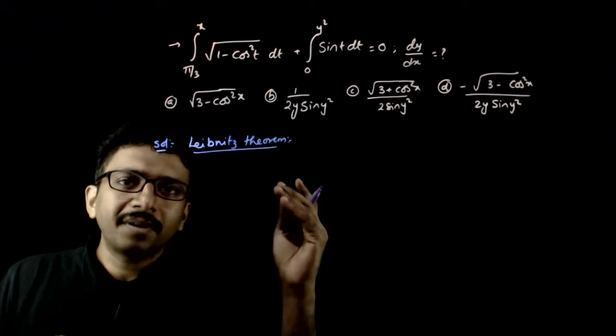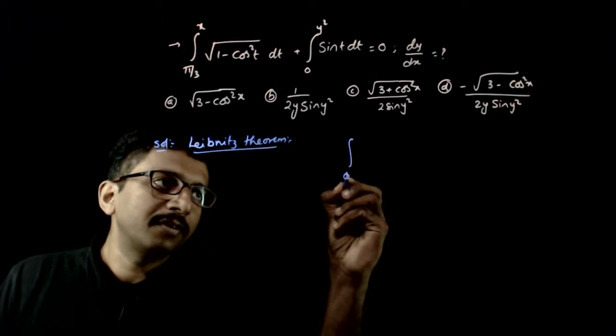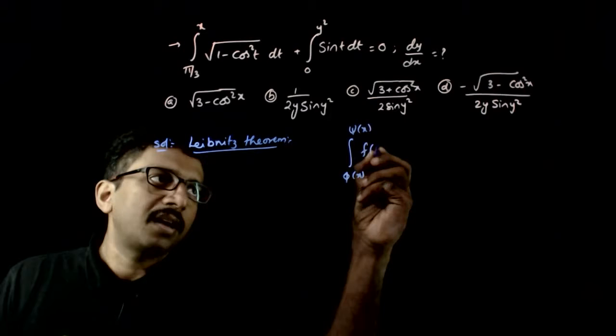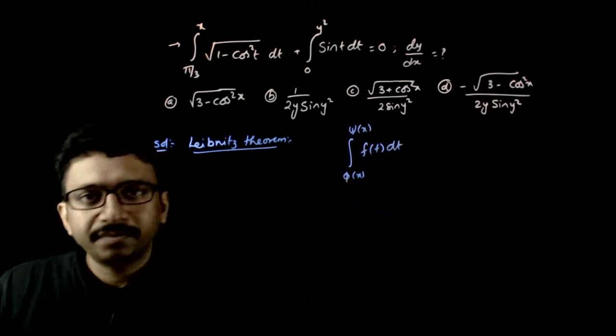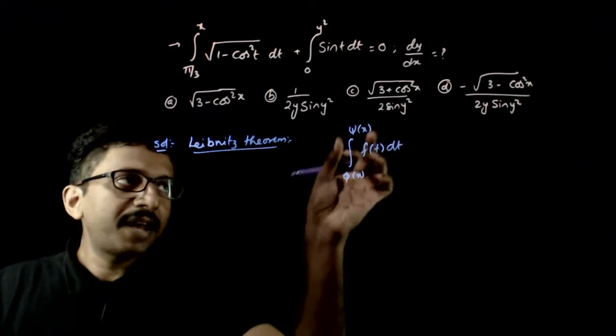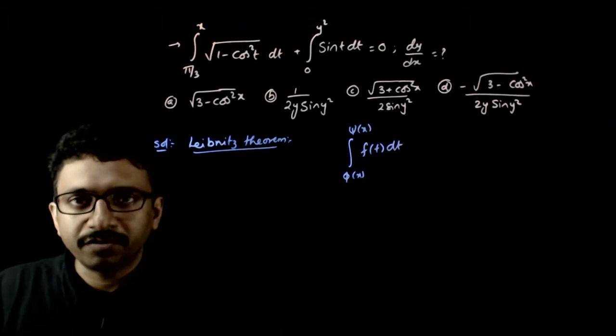If you have a function in terms of an integral, that is the integral of f of t dt from limits phi of x to xi of x, because the limits are functions of x, the answer will be a function of x.